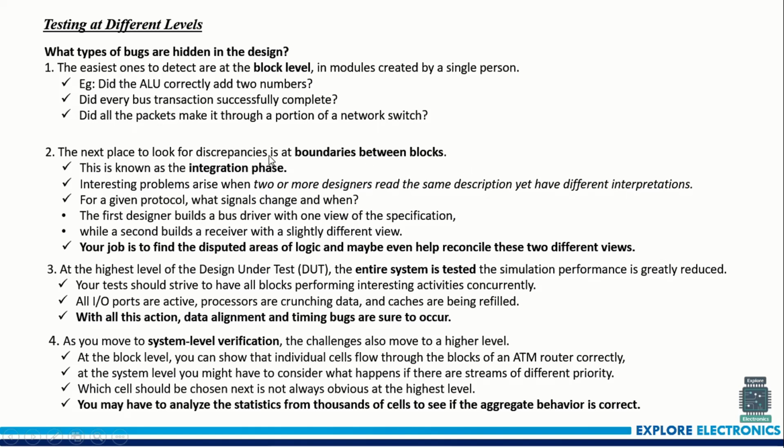In such cases we need to take care of the different blocks' boundaries and integration phases. So here the verification engineer's job is to find the disputed areas. Disputed areas means two designers designed these separately and then integrated them, and there might be a chance of error while crossing the boundaries. Those cases we need to check here.